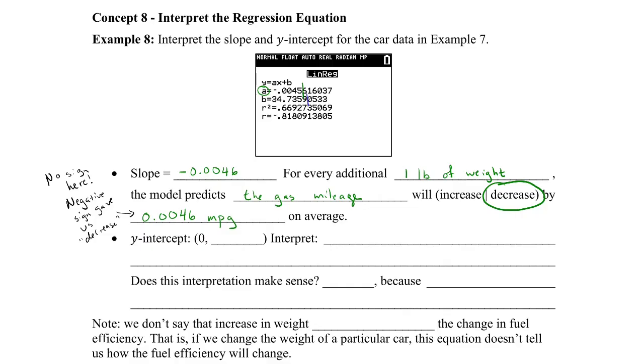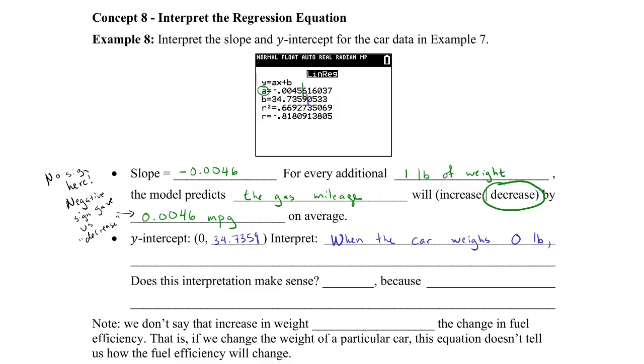How do we interpret the intercept? So our y-intercept is at (0, 34.7359). What would the interpretation of that y-intercept be? Well, it says that when x is 0, x is the weight of the car.